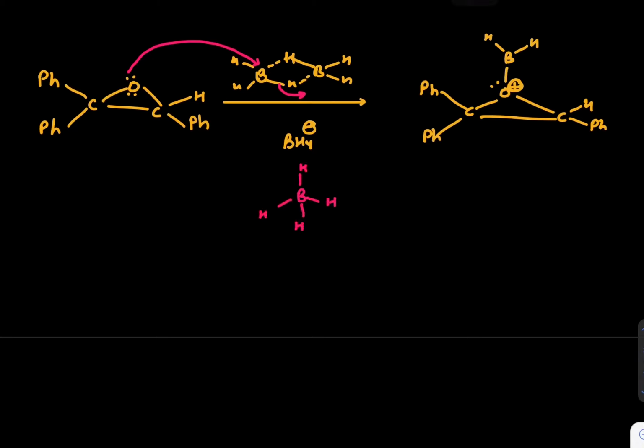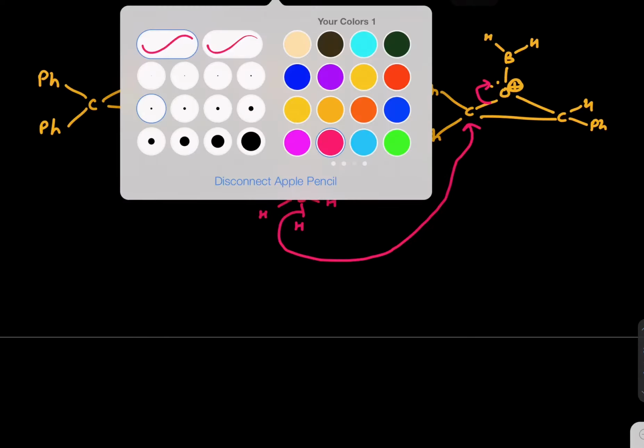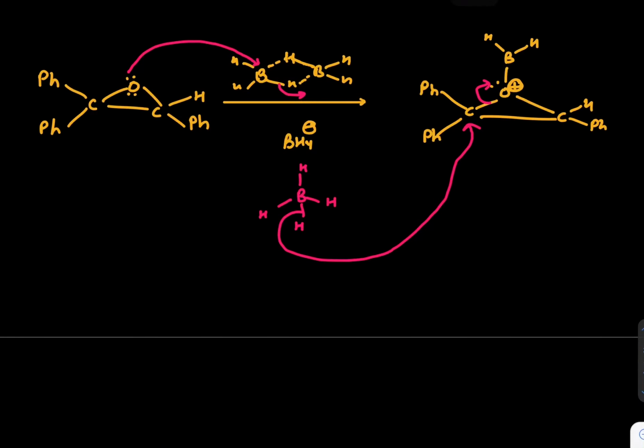So BH4 minus, which is available, will go and attack on this place, not on the other place, right? In the process, this part will break here and H will join at this place, and later the other portion which is drawn can eventually give you the formation of OH. So the product in this situation would be PhC(Ph), H coming up here, CHPh. You observe this is OBH2, right?